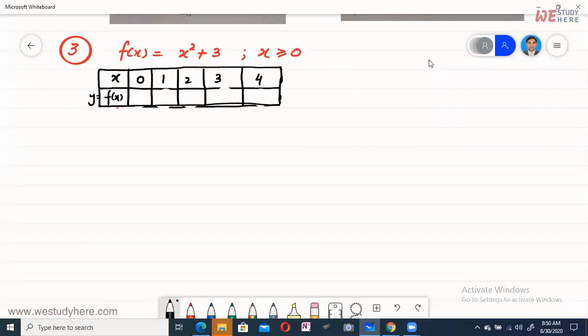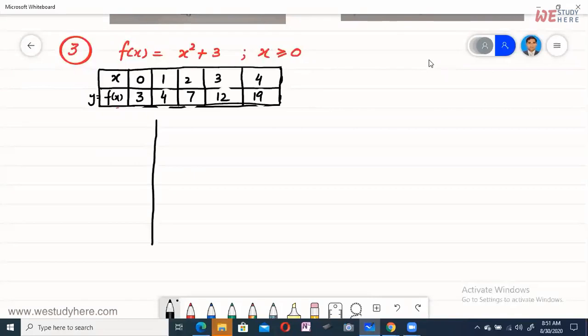Then when x is 0, what will be f of x or y? 0 square 0, 0 plus 3 will be 3 here. 1 square 1, 1 plus 3 is 4. 2 square 4 plus 3 is 7. 3 square 9 plus 3 is 12. 4 square 16 plus 3 is 19.